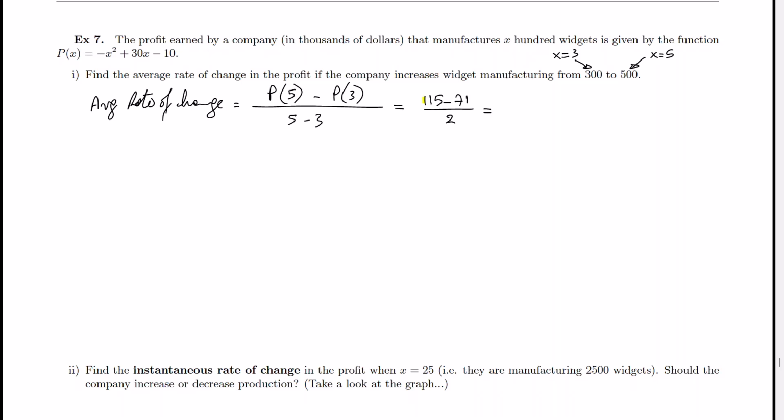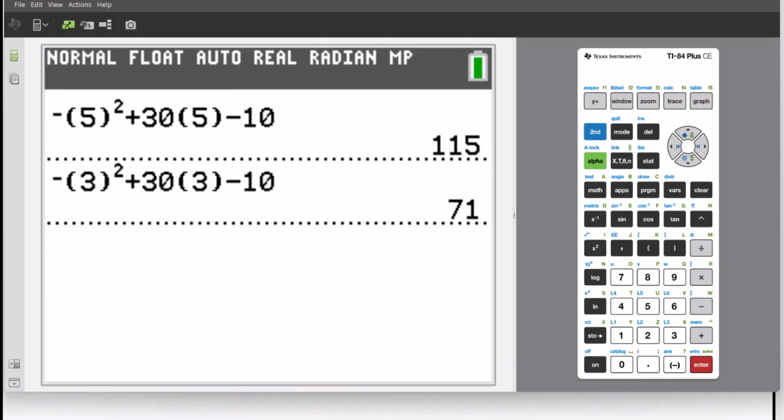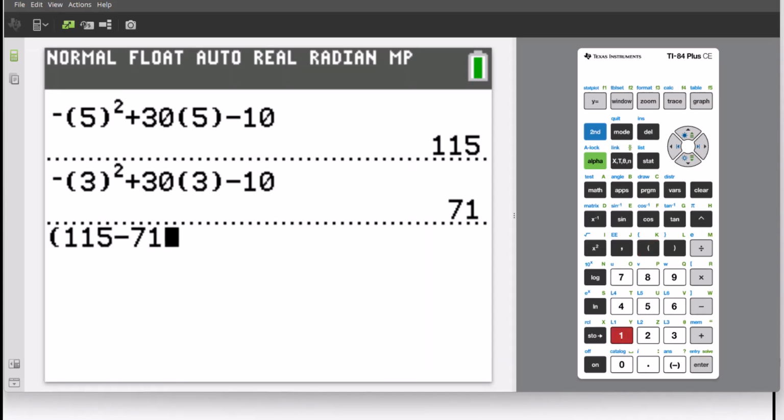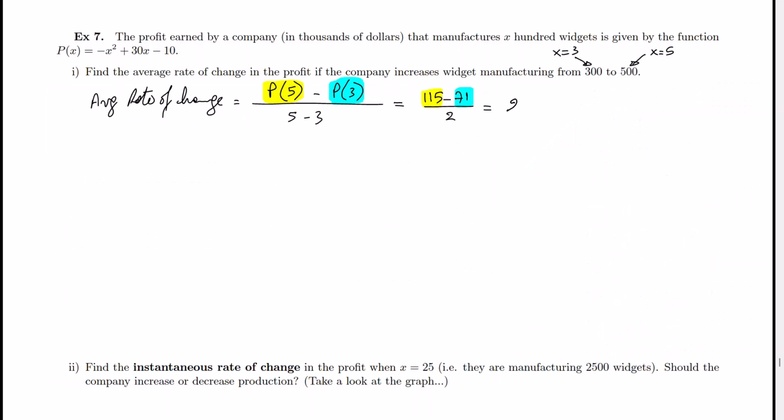Remember, this 115 represents p of 5, and the 71 represents the profit of making 300 widgets. Now I'll use the calculator one more time: 115 minus 71, surrounded with parentheses, divided all by 2, and it turns out to be 22.